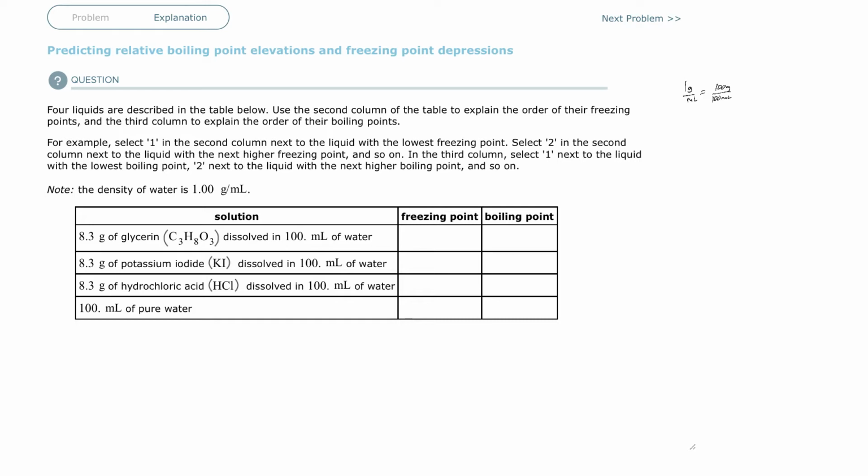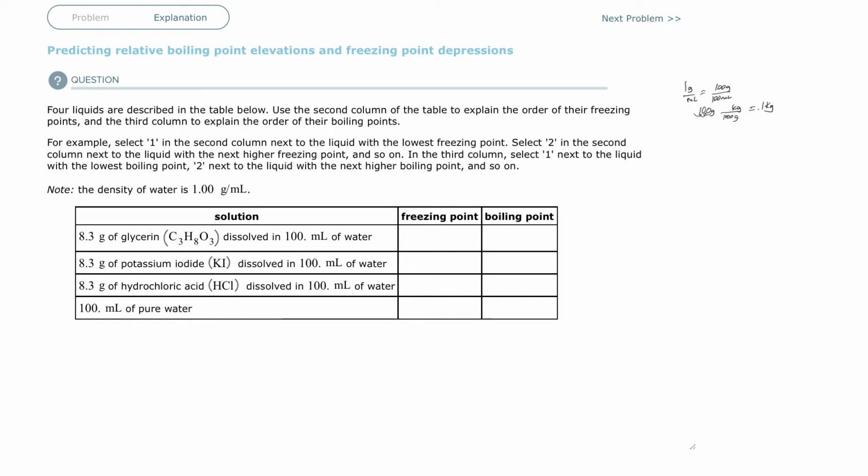Okay, so you'll have 100 grams, and you'll have 1,000 grams in a kilogram. So you're going to divide by 10 to the 3. You're going to end up with 0.1 kilogram. That's going to go on the bottom of your molality. Remember, it's moles of particles of solute divided by kilograms of solvent. So you're going to have 0.1 kilogram on the bottom.